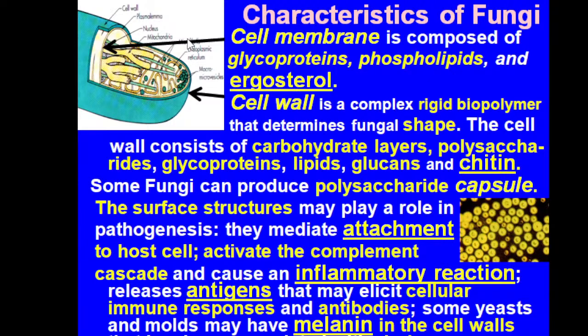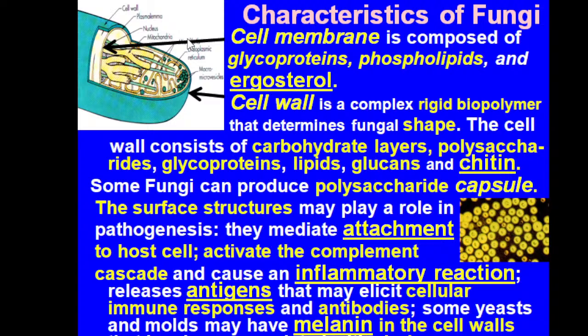Why? What is the function of these organelles? First, they mediate the attachment to the host cells or host tissues. For example, the chitin layer or cell wall layer or the capsule may do this.